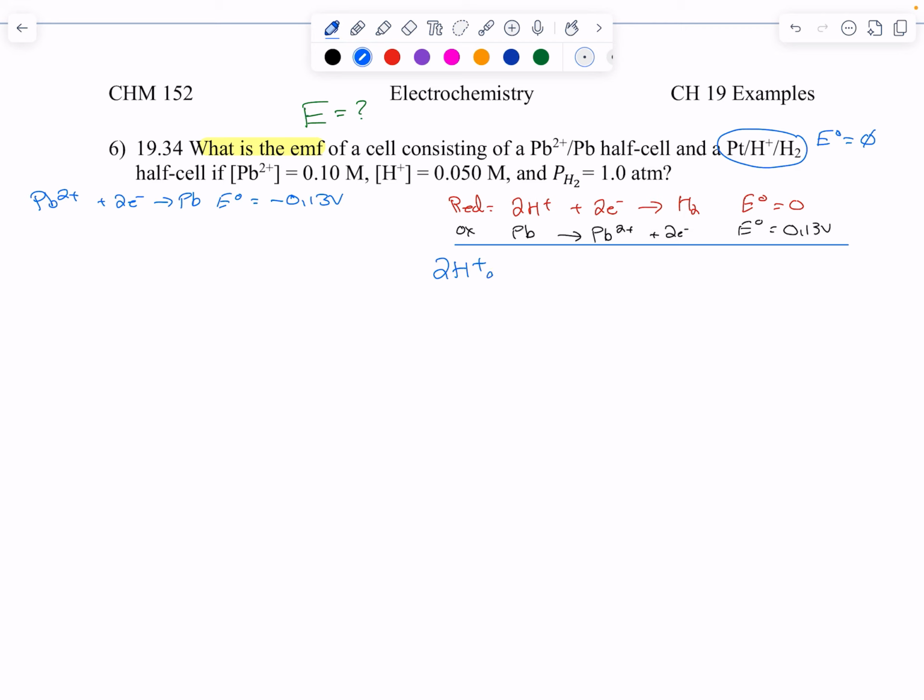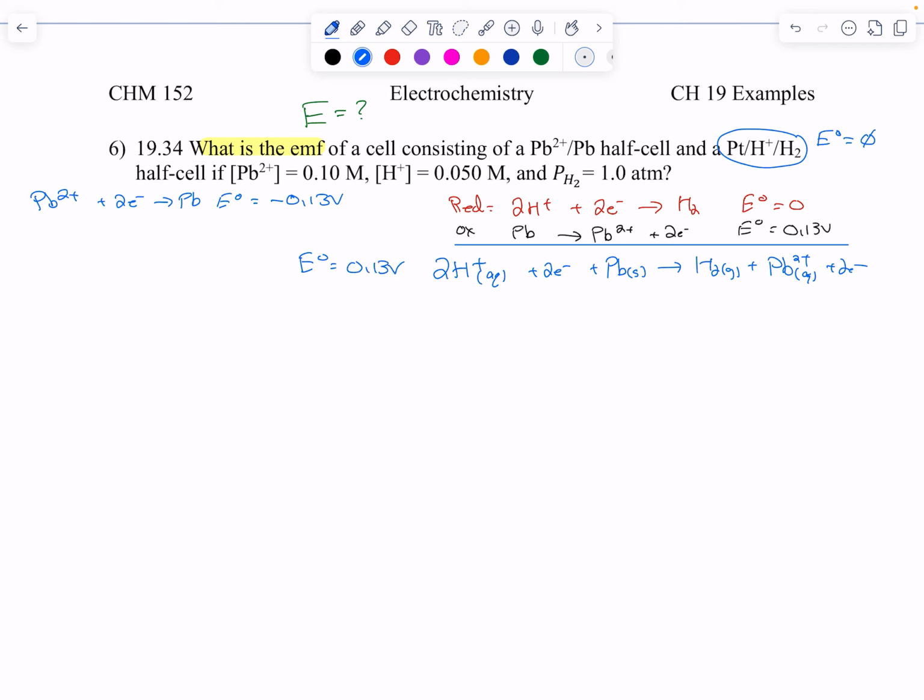So that means overall, we would have 2H+ in solution. And this is very important because this is a Nernst equation problem. Plus lead solid going to H2 gas plus lead 2+, and this E cell, because I'm out of space, is 0.13 volts.